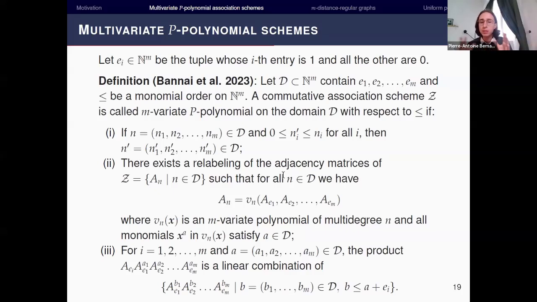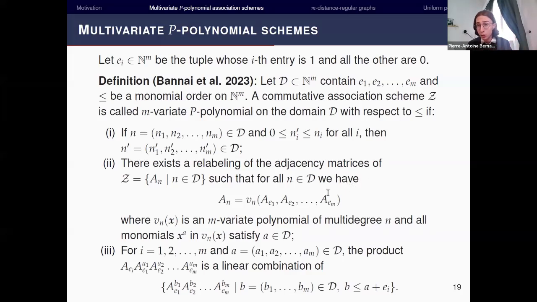This seems a bit strange because if a plus e_i is in the domain, this is free, because A_{e_i} times the monomial in the adjacency matrices labeled by a will give you the monomial labeled by a plus e_i.